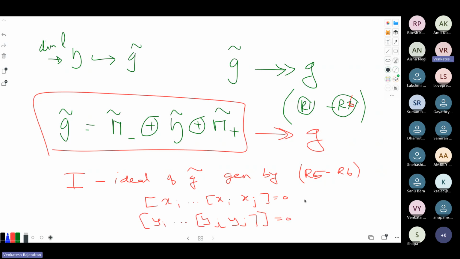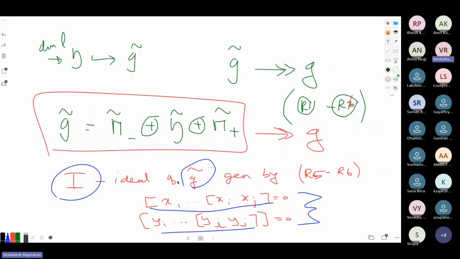But let's have a closer look at this relation. The Serre relations don't mix. This is just a relation among the Xi's. This is just a relation among the Yi's. So there is no mix between them. So that means this ideal that you constructed in G tilde has to split as ideals in n tilde plus and n tilde minus. Okay, so that's what happens.